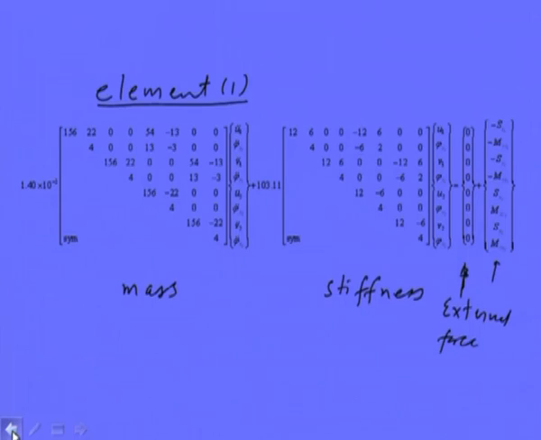And for the second element, because we are considering the disk in the third element, the second element will remain the same as element 1. Only thing, in place of nodes 1 and 2, in element 2 the node numbers will be 2 and 3, but the form of the mass matrix and the stiffness matrix will remain the same, but there will be a change in the third element. So let us see how the third element takes form.